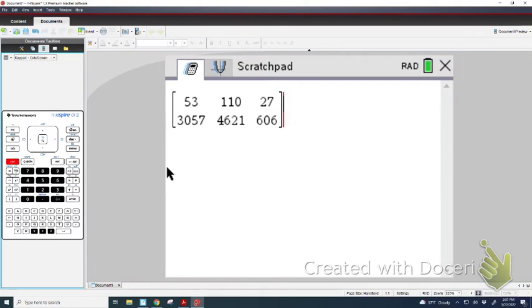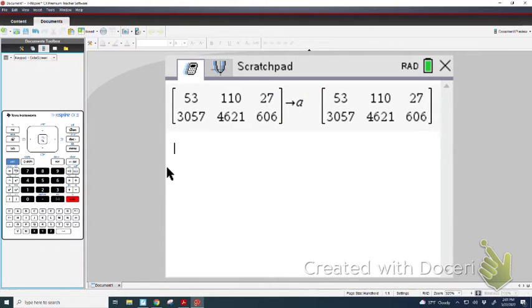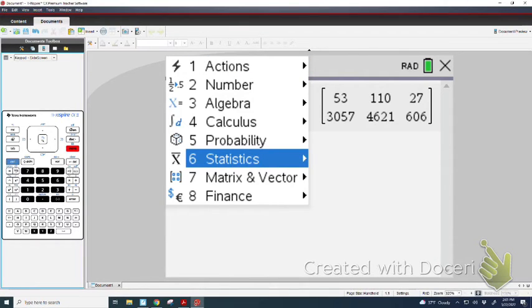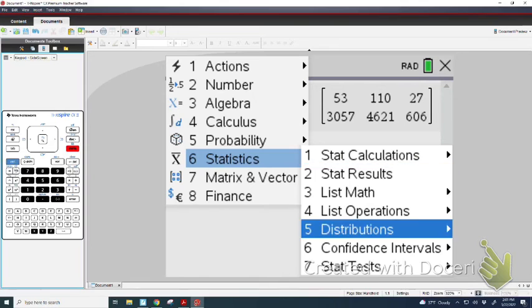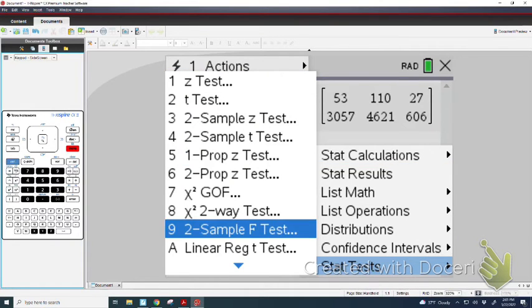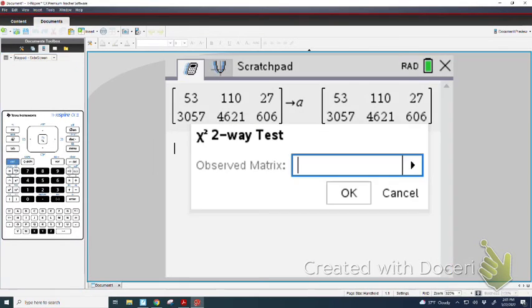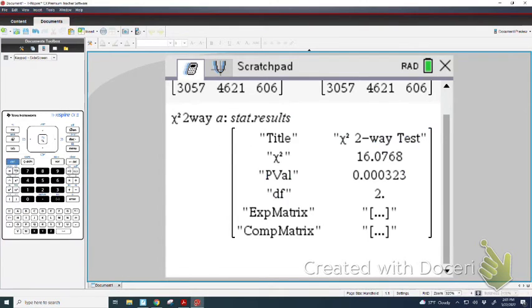So control var, press A, or whatever variable you want, and you're good to go. Go to menu, run the test. We're doing a two-way test. I called it matrix A. And there are our results. It's a small p-value, looks like it was significant. Evidence suggests an association.